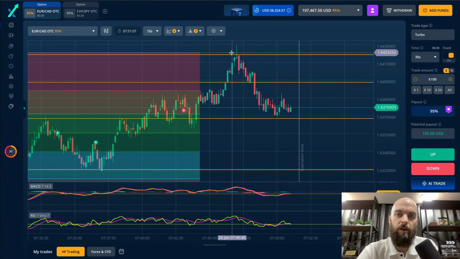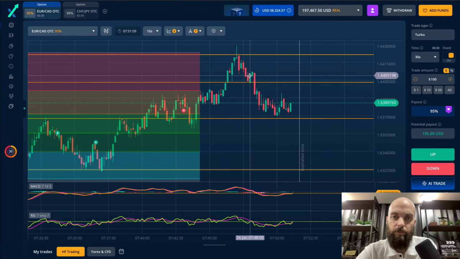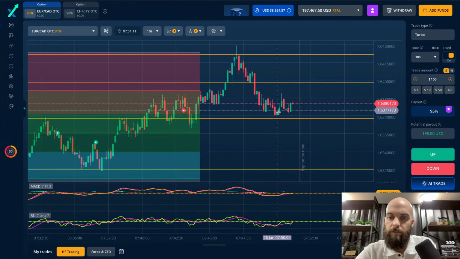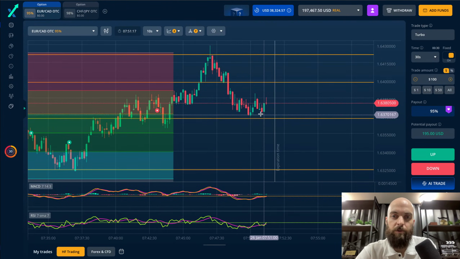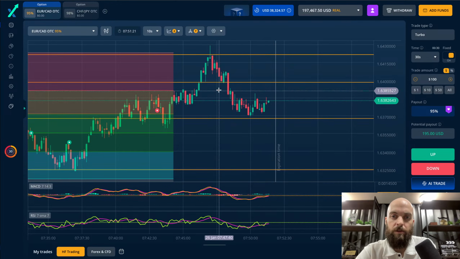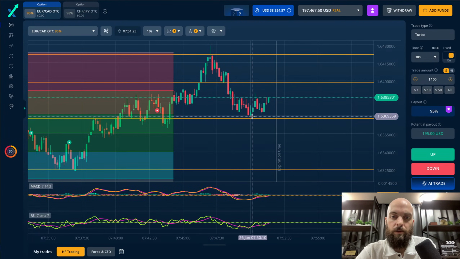That was a very good bounce. Down here we've got another chance. Momentum rising, price was falling. I think we've already missed our chance here. But this was a good entry point right there.